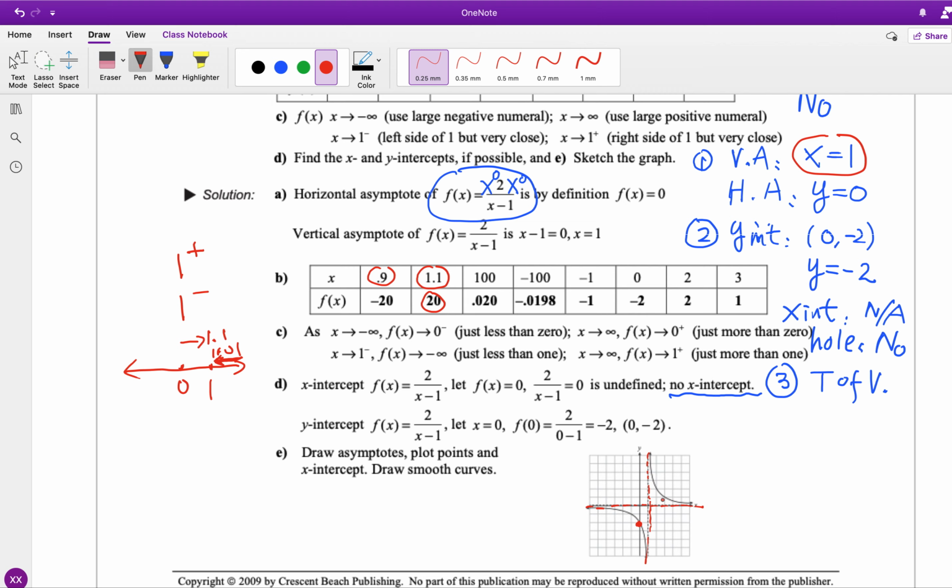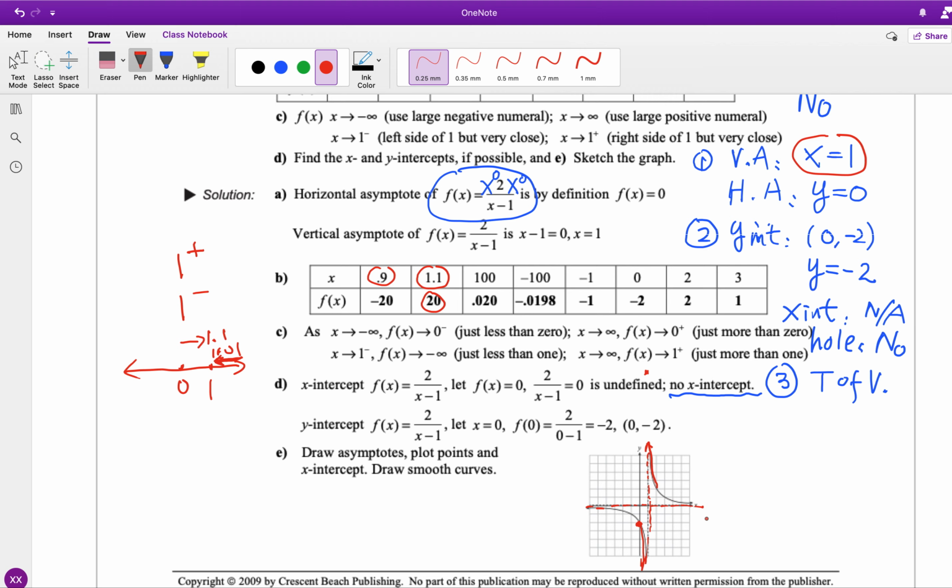One is 1.1, so it's way up at 20, somewhere here, right? You can see the trend, because if you get to 1.01, that's even higher. Then your 0.9 is down here, at negative 20. So you can see this trend going down. On either side of your vertical asymptote, you can see the trend: your y value is either going to positive infinity or negative infinity.